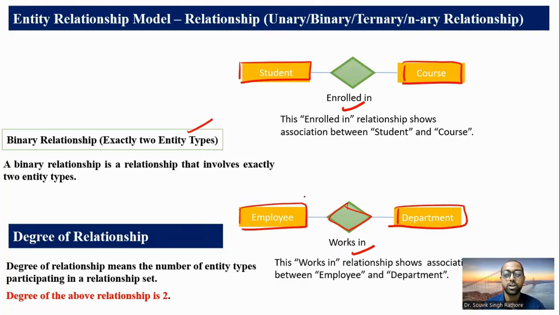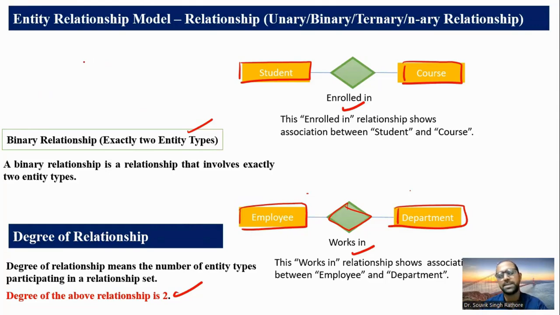Since two different entity types are involved, this is a binary relationship, and again the degree of relationship is 2.